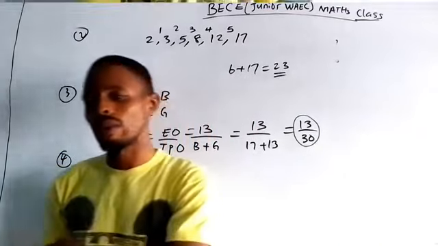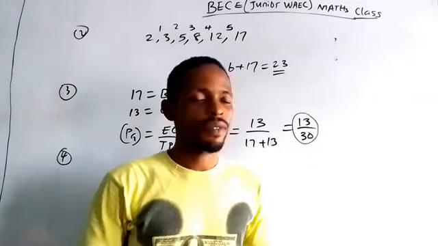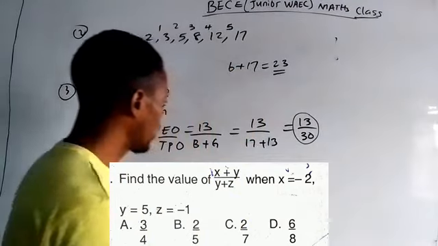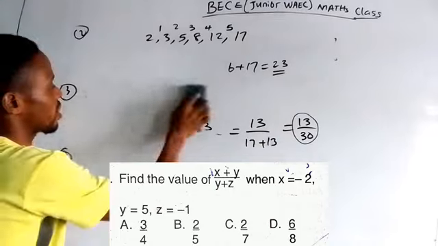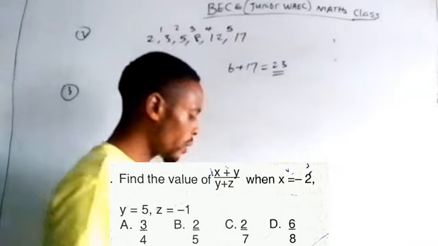Okay guys, let's go. We come back to the next question, which is question 8 of today's mathematics class for this upcoming junior work examination. So we have the question here.